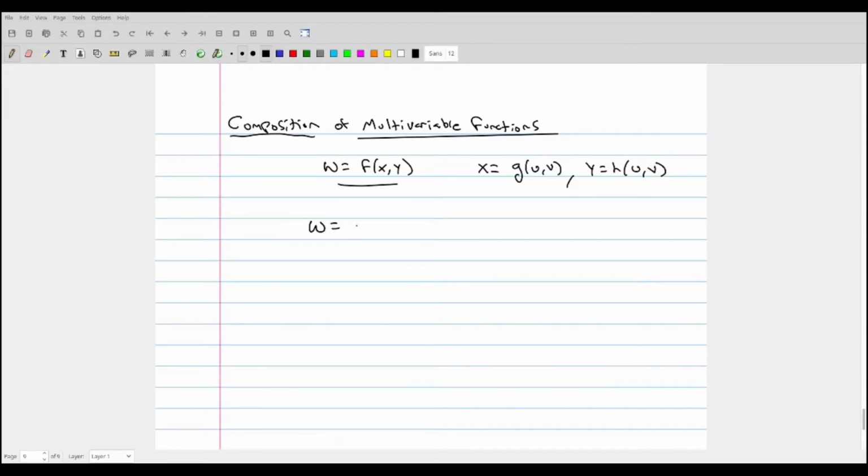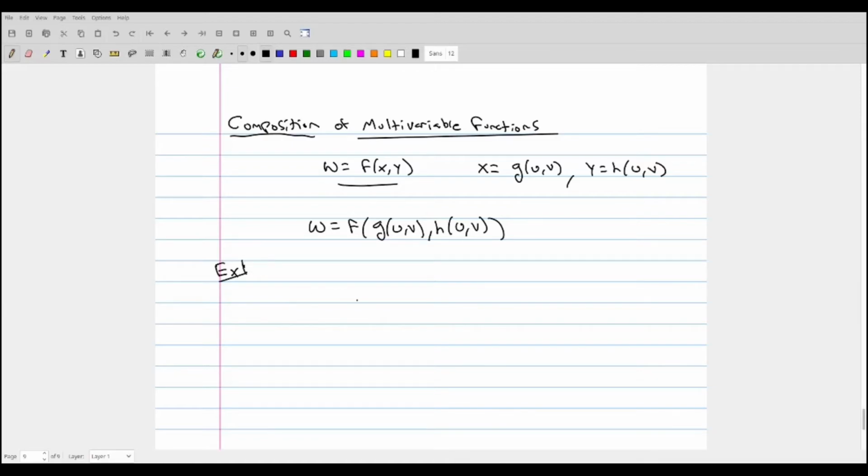You can say that w is then also equal to a function of u and v. Specifically, it's the function when you plug in g of (u, v) for x and h of (u, v) for y.